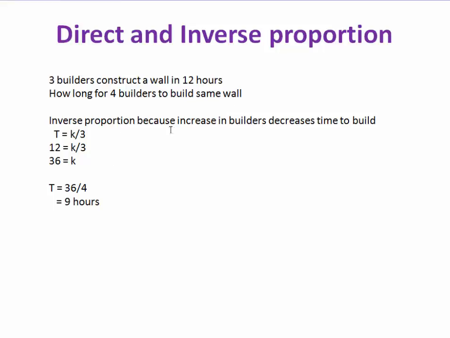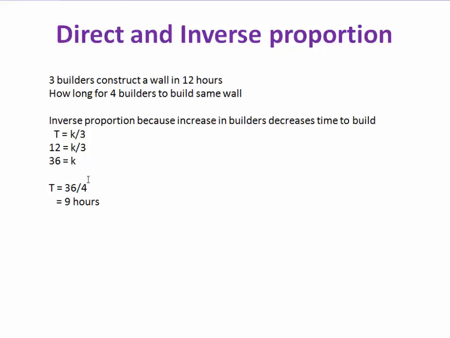Because it's an inverse question, we get T, the time to build a wall, equals the constant divided by 3 builders. So we're told that 12 hours, the time, equals K divided by 3. Rearranging this, take 3 to the other side, so that's 3 times 12 equals K. So we work out K to be 36.